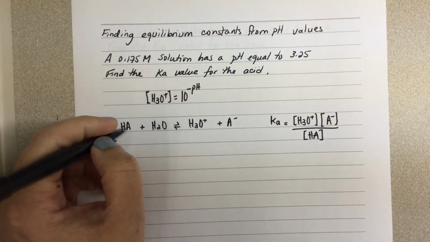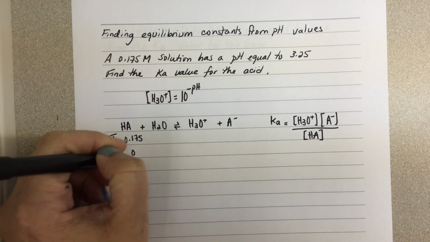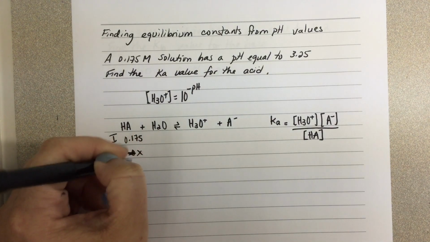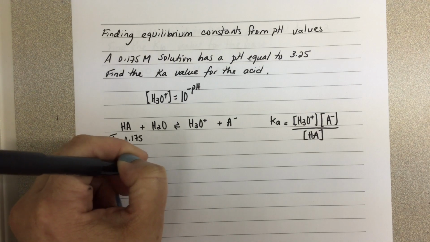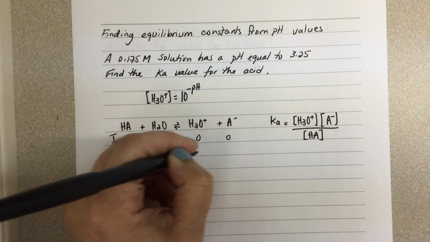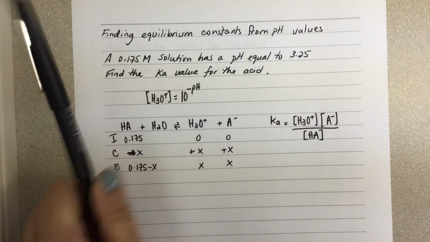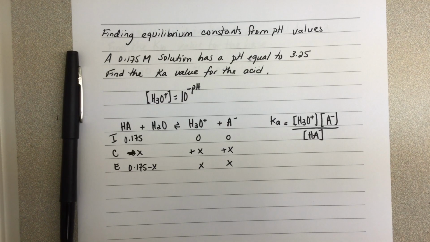Your initial concentration for the acid is the easy part, minus x, sorry. And that will be 0.175 minus x. Your ice tables always look the same. So I have my ice table there.